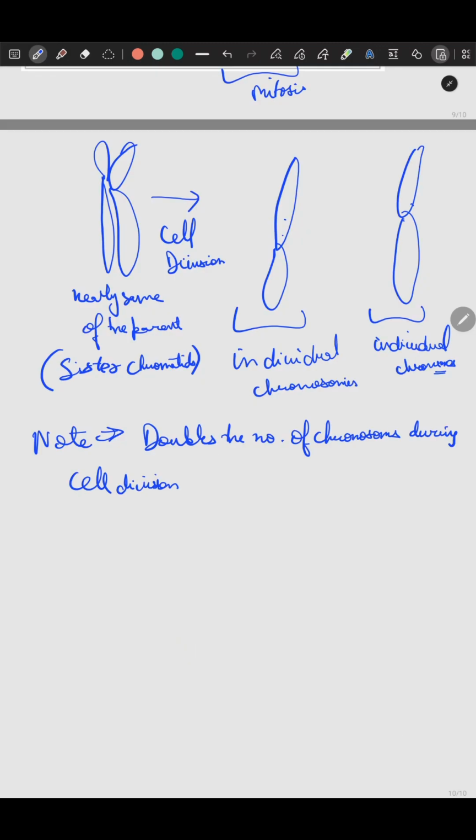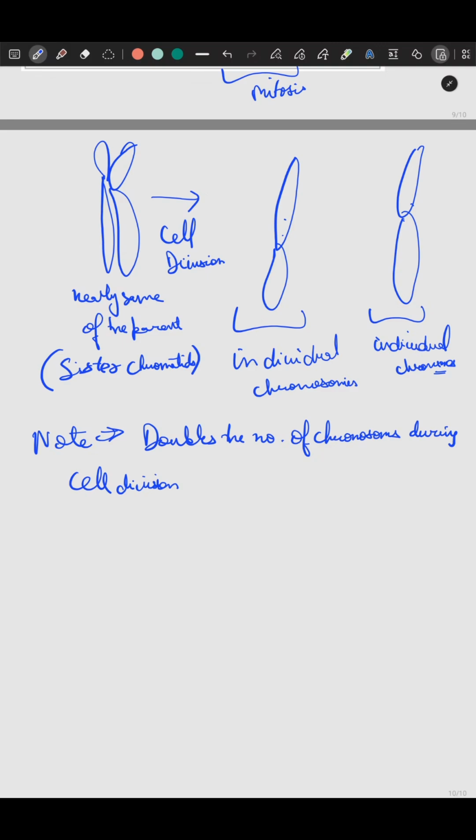Now the sister chromatids convert into individual chromosomes, and the cell division happened here. This process we term mitosis, because the genetic material, the nucleus, got divided.